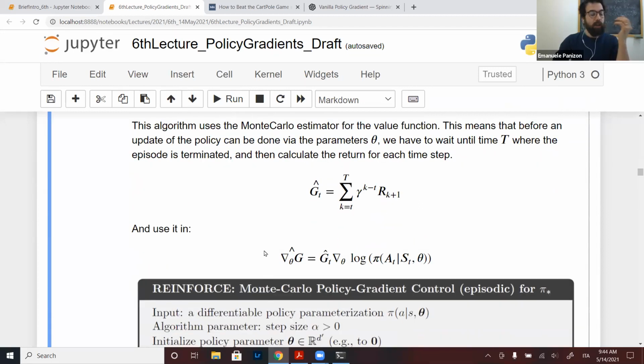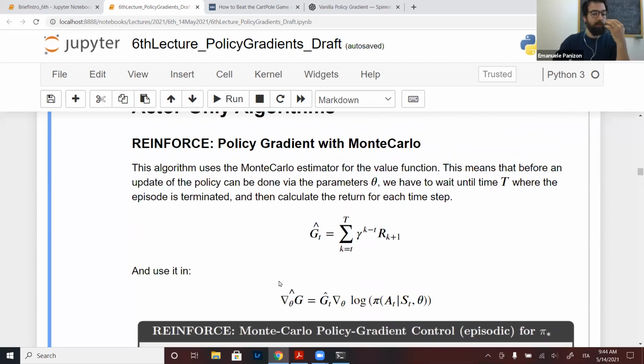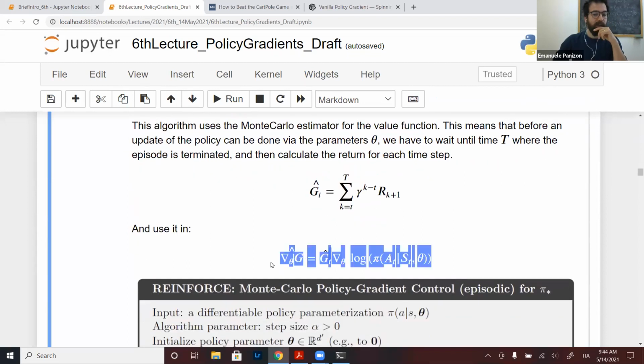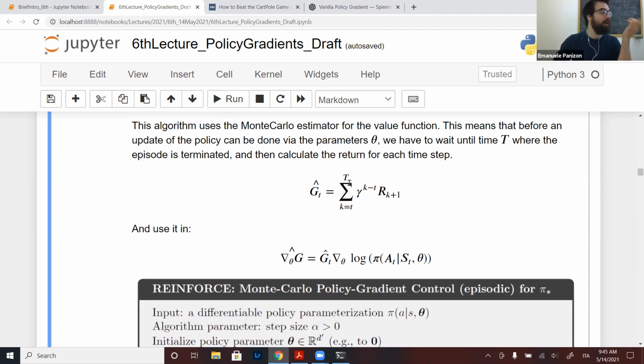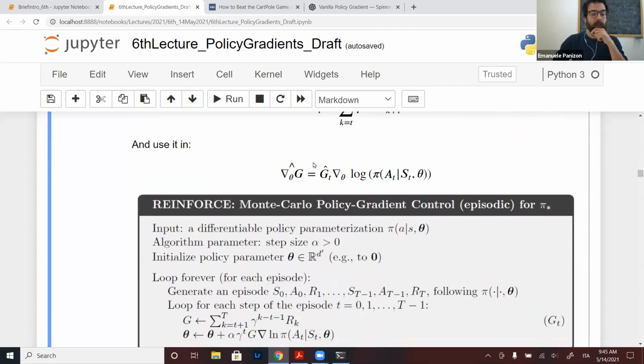Okay, so from now on it's extremely simple, because this part here is the only new part in the algorithm, and everything else is just given by the fact that we are using, as we already used, a Monte Carlo way to estimate Q, which is the complete return.